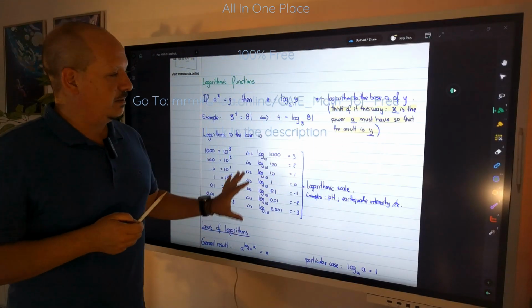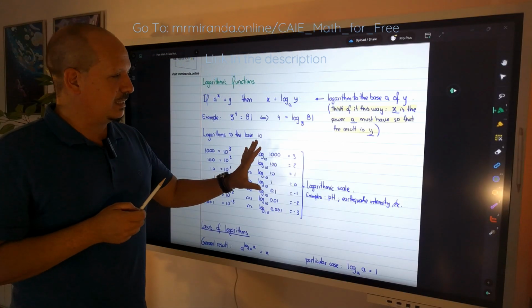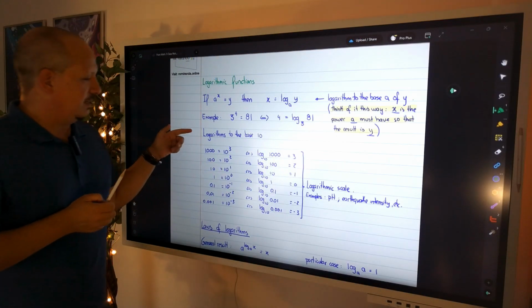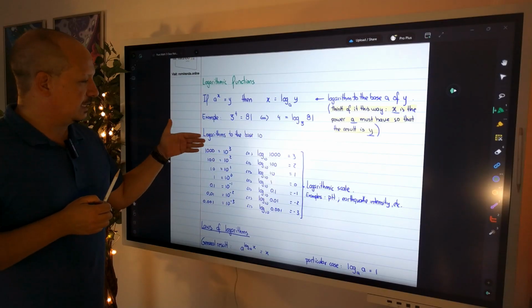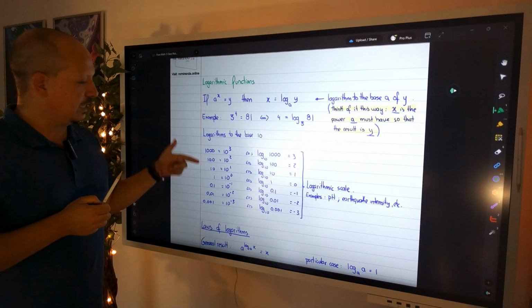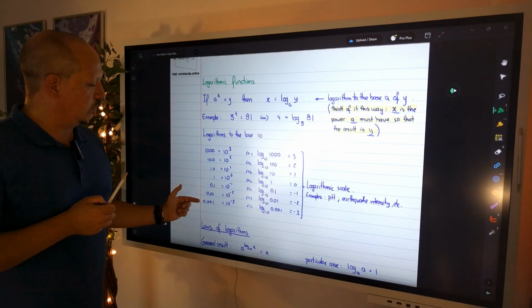Maybe this is not obvious yet, but think of it this way. Imagine that you want to plot points that range from something that goes until 1000 to something that goes to 0.001.